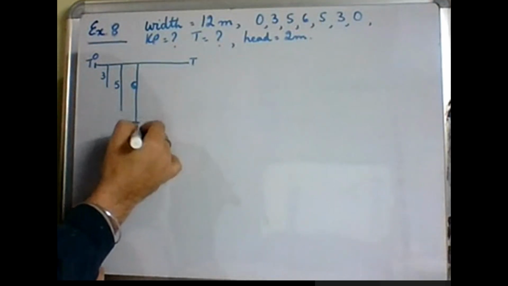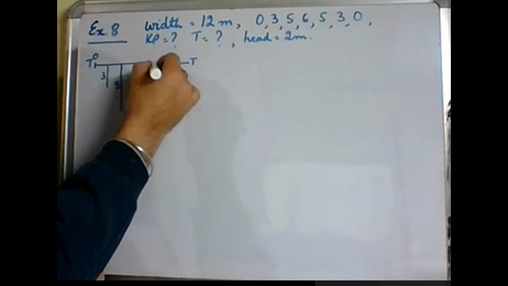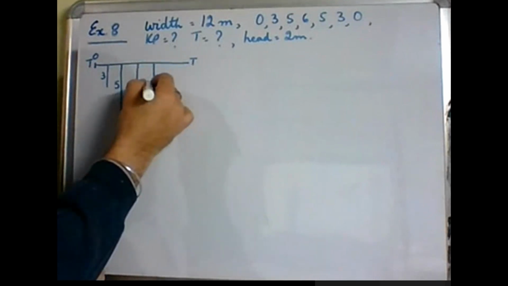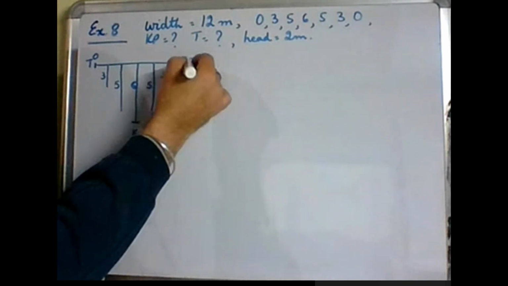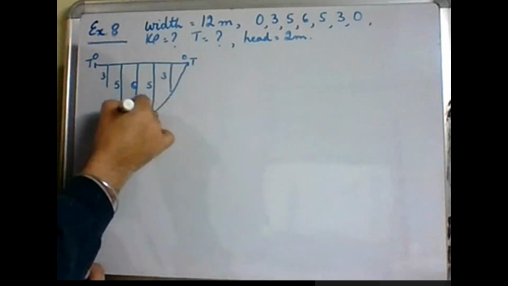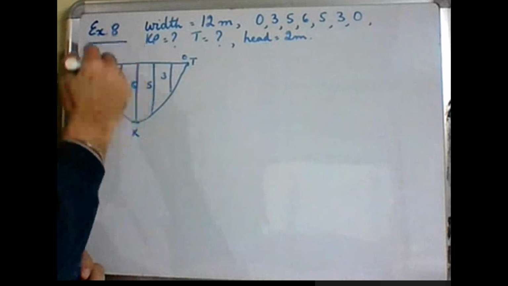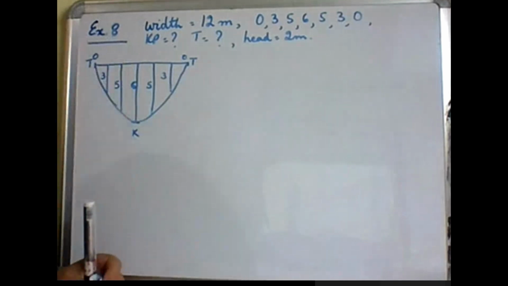This is 6. Next is 5. This is 5. Next is 3. And this is 0. So this becomes our bulkhead. So the maximum height of the bulkhead is how much? 6 meters. That's the maximum height of the bulkhead.